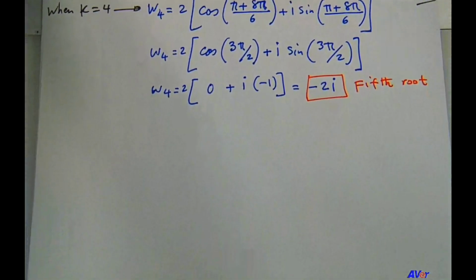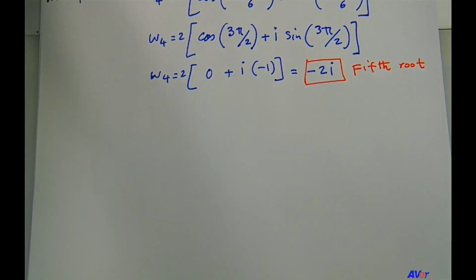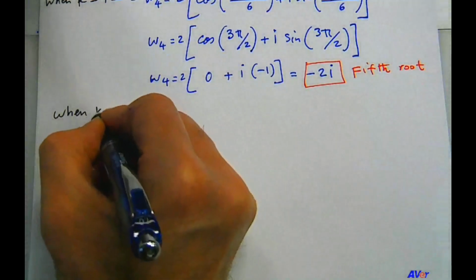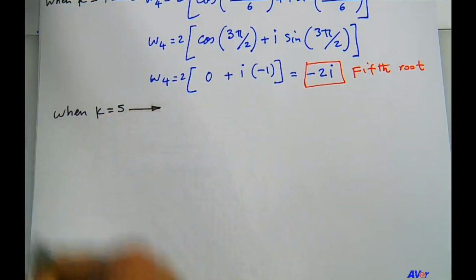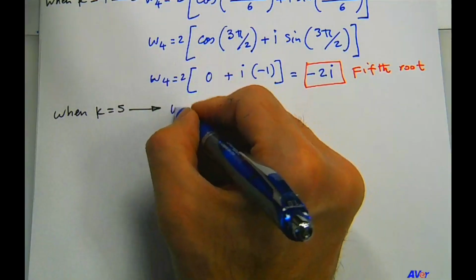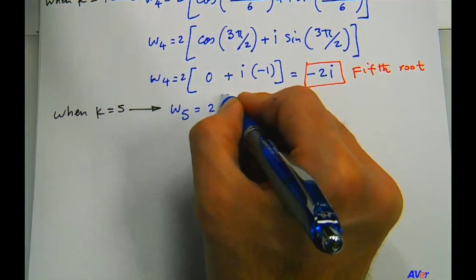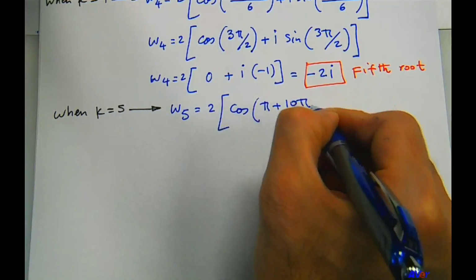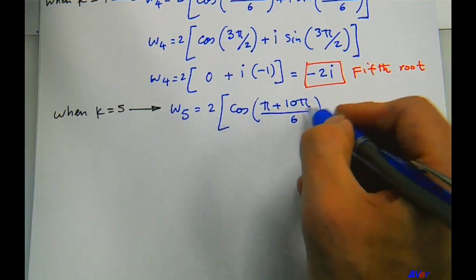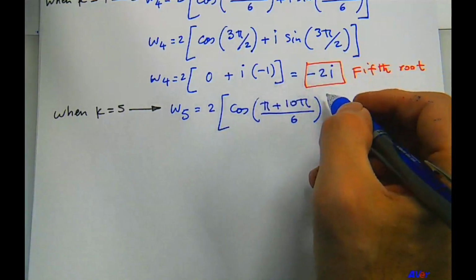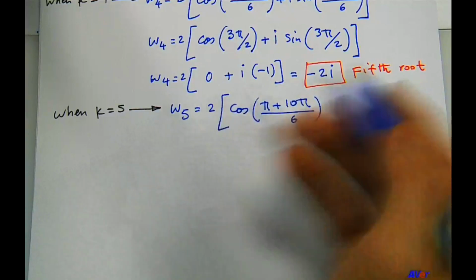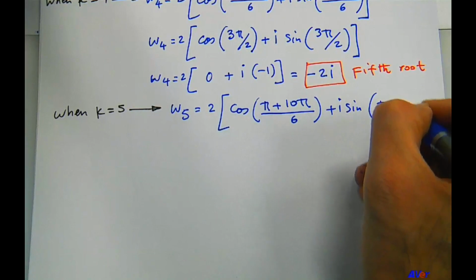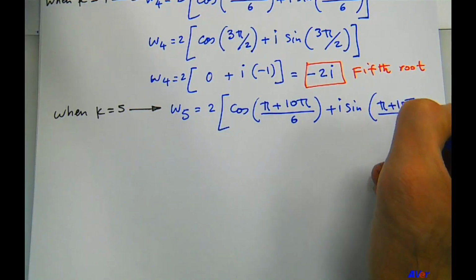And that is the fifth root. So let's do the last root, which is the sixth root. And that happens when k equals 5. So 2 times cosine of pi plus 10 pi over 6, I'm just plugging into the original formula that we have for Wk, plus i sine of pi plus 10 pi over 6.